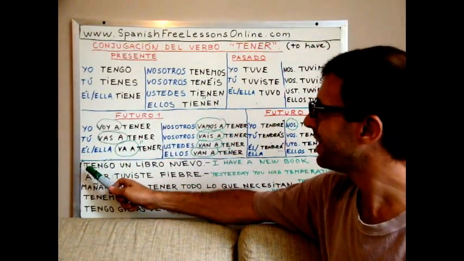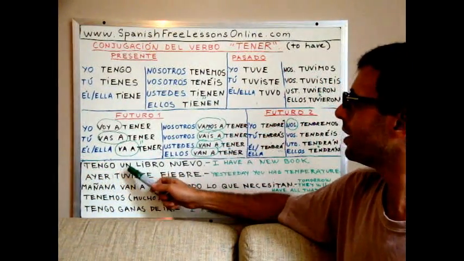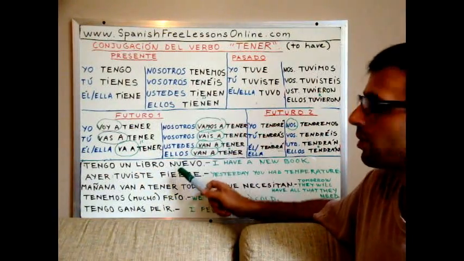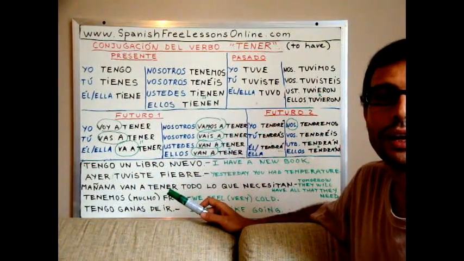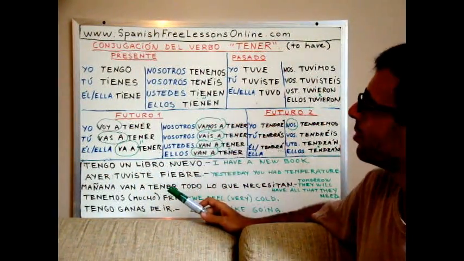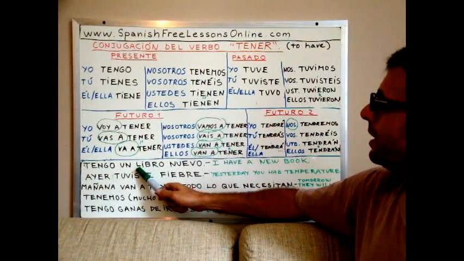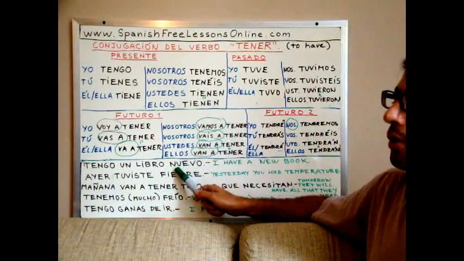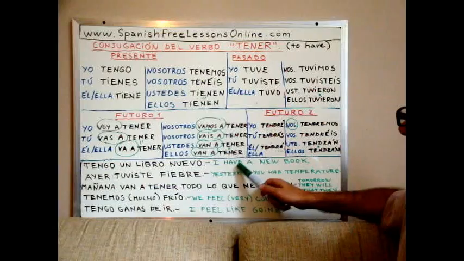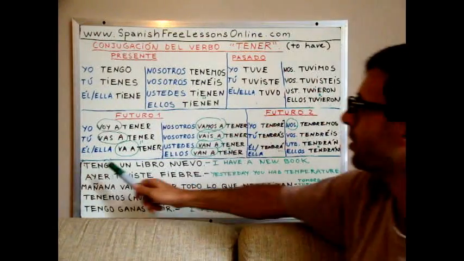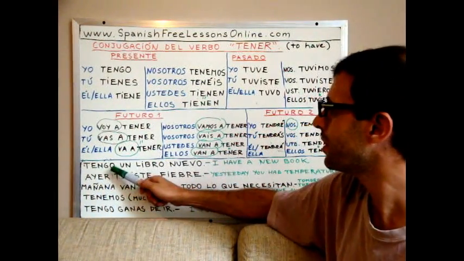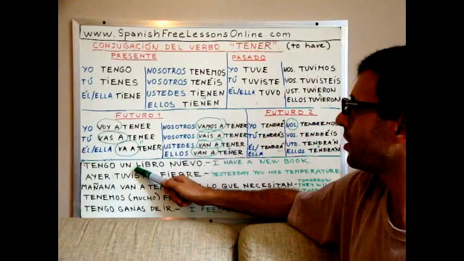We say, tengo un libro nuevo. Tengo un libro nuevo. Right? If we remember, libro is book, nuevo, new. So, I have a new book.